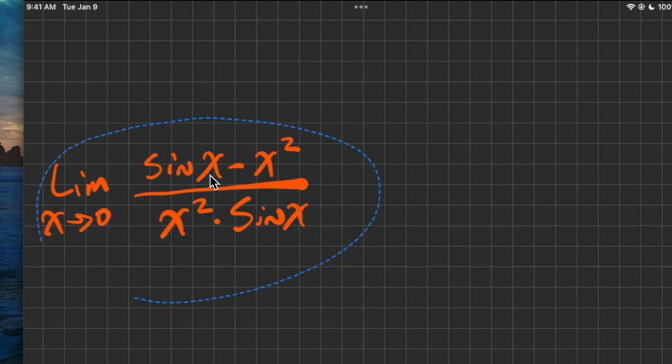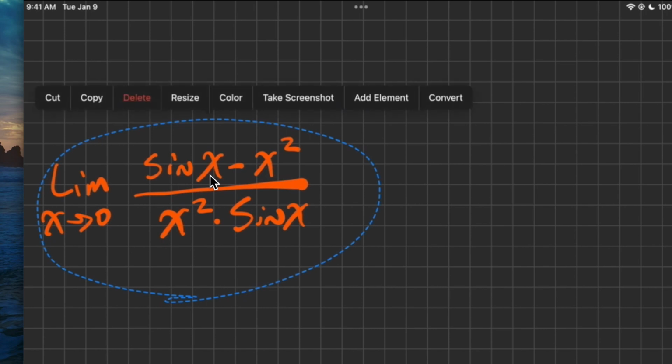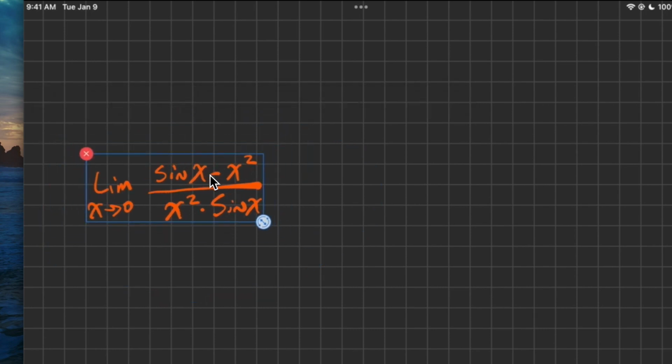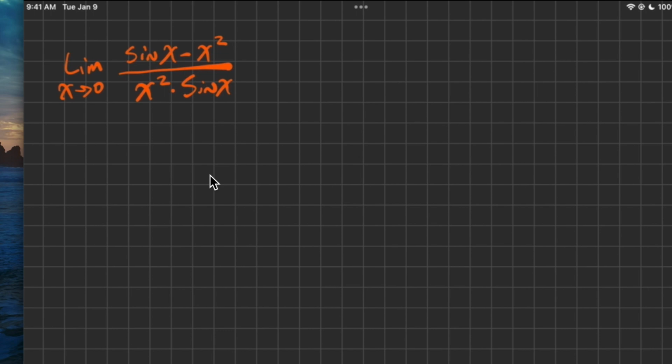We're going to take the derivative of the numerator and the derivative of the denominator. We are not going to use the quotient rule. Okay, let's do the derivative of the numerator. The derivative of sine of x is cosine of x, minus 2x, which is the derivative of x squared.